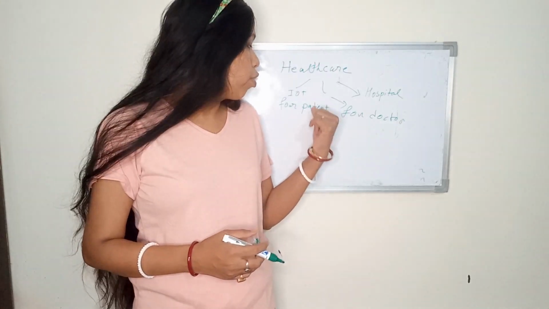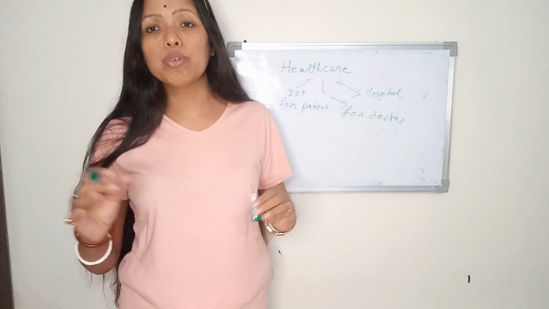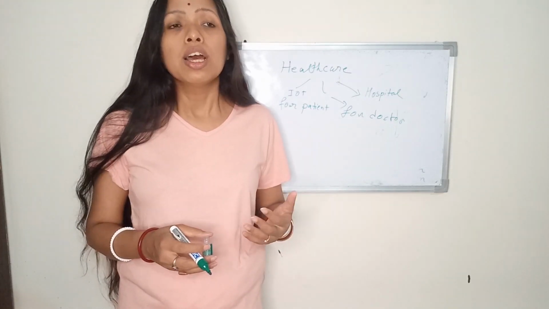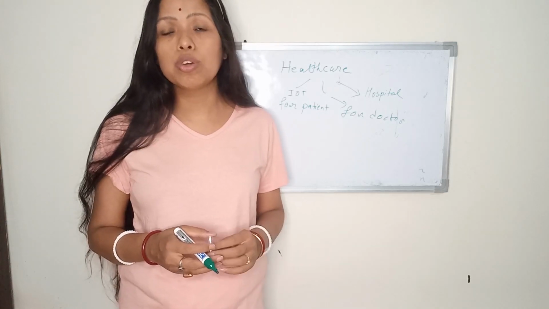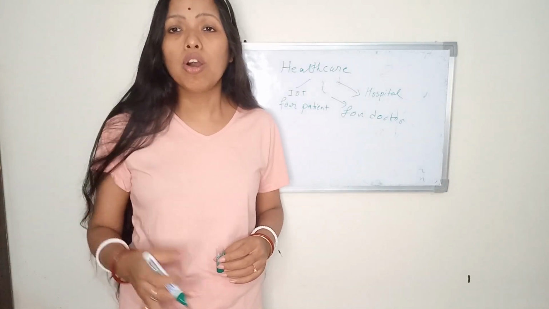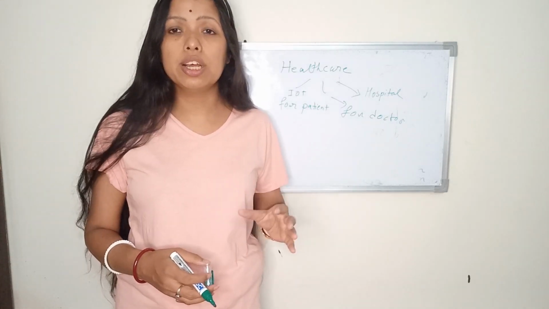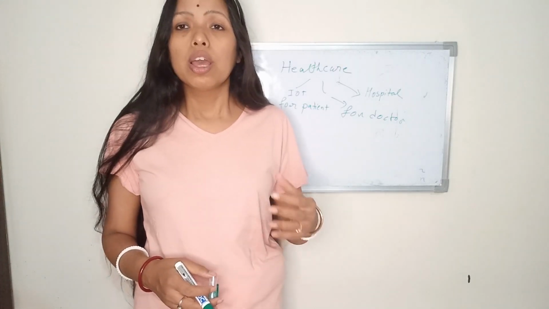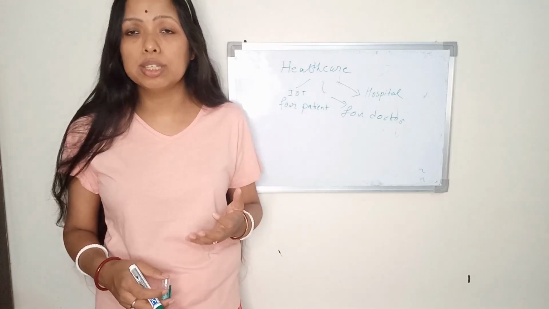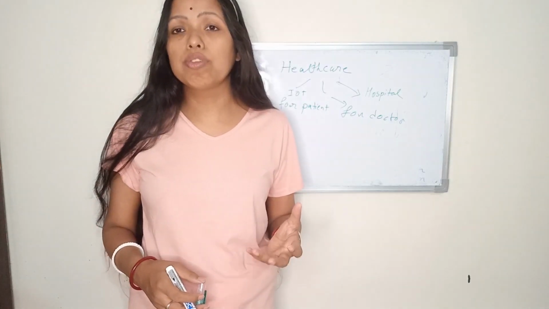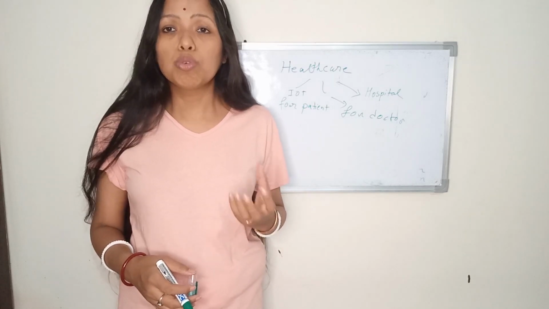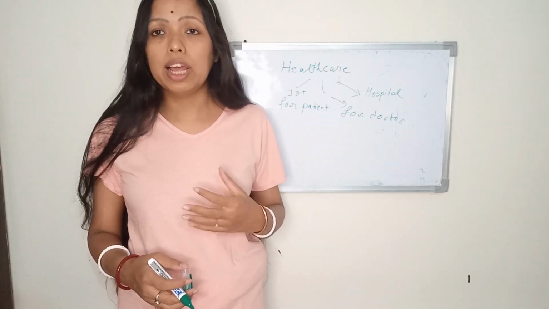So IoT for patient means there will be lots of devices. You can design an IoT device that can sense all your health parameters, or a few health parameters which are dangerous for your health. Some common diseases, stroke is one of them, and diabetes. These two are the most common diseases in our daily life now.